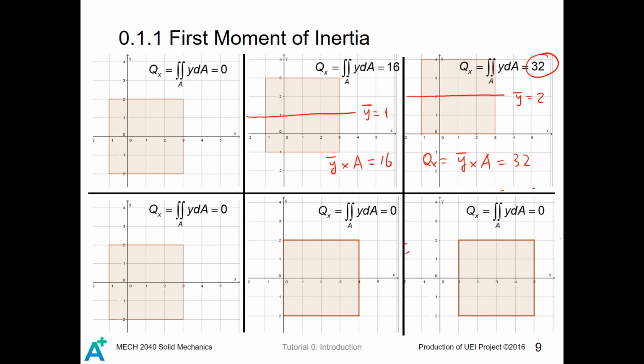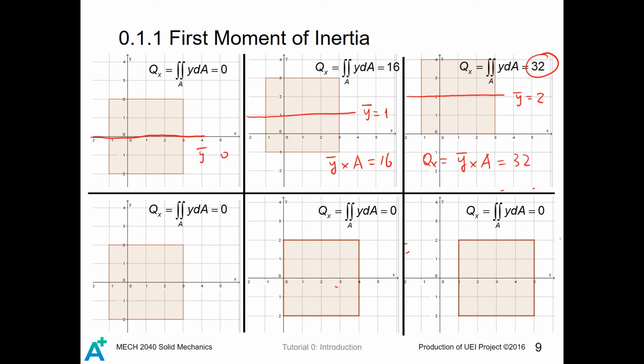For those cases in which the area is symmetrical about the x-axis, you can see that the average of y is 0, and we know that the average of y times the area will also be 0 because the average of y is already 0.